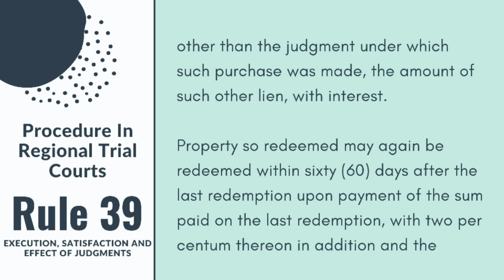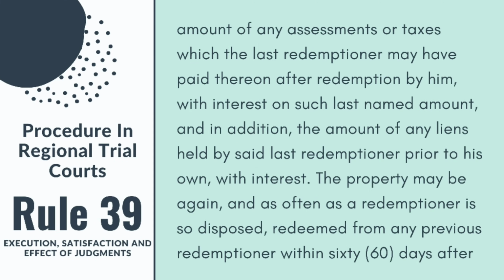Property so redeemed may again be redeemed, within 60 days after the last redemption, upon payment of the sum paid on the last redemption, with 2% thereon in addition, and the amount of any assessments or taxes, which the last redemptioner may have paid thereon after redemption by him, with interest on such last named amount, and in addition, the amount of any liens held by said last redemptioner prior to his own, with interest.